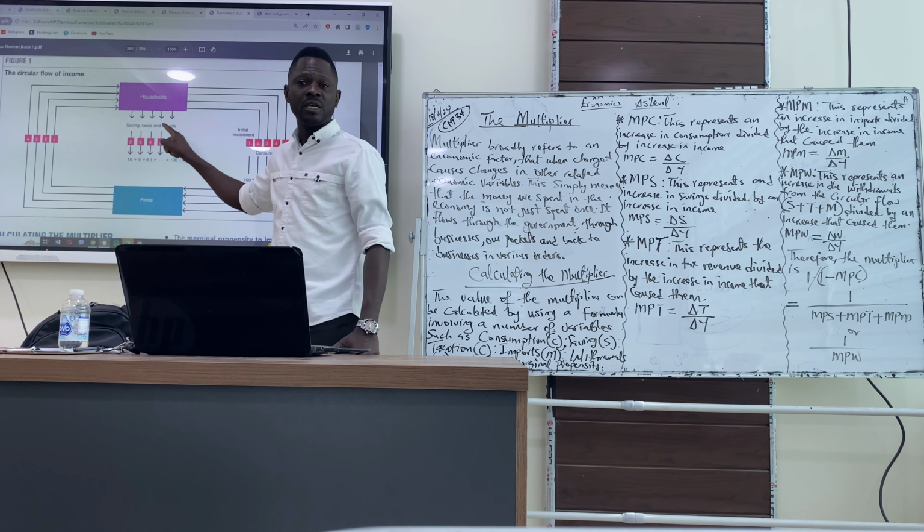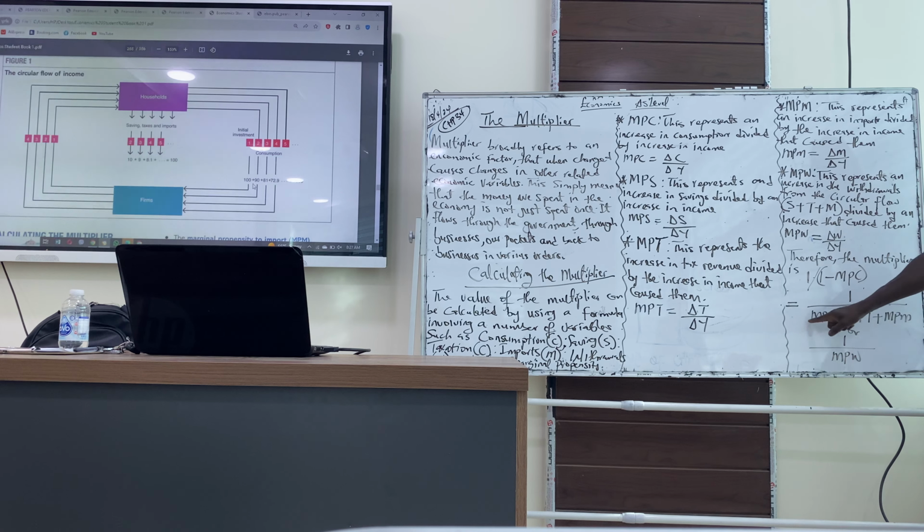So what does this imply? The formula for the multiplier is this: 1 divided by 1 minus MPC, marginal propensity to consume, which is the same as 1 minus the sum of the marginal propensity to save, plus the marginal propensity to tax, plus the marginal propensity to import. Which is the same as 1 over marginal propensity to withdraw, because savings, taxation, and imports represent withdrawals, which is the same as all this going out of the circular flow.